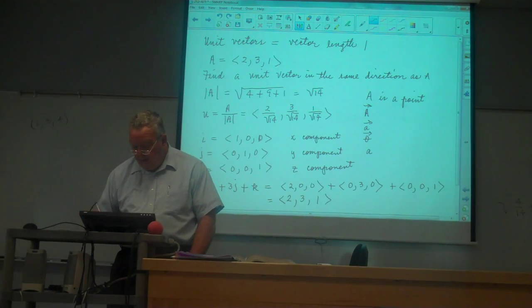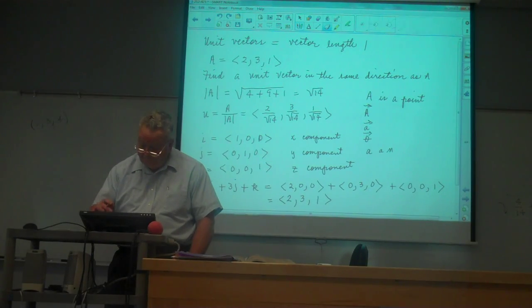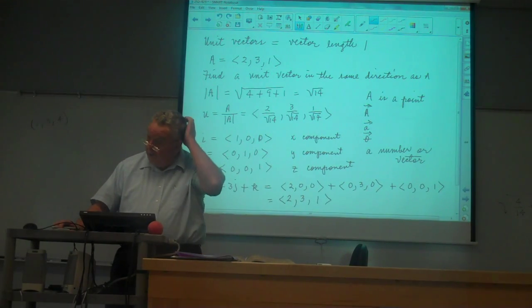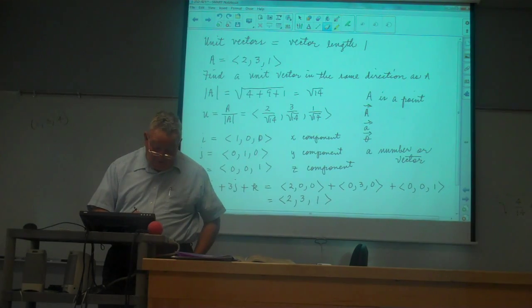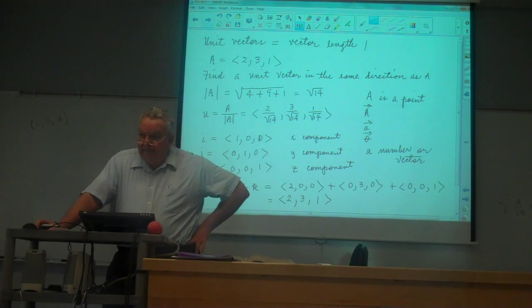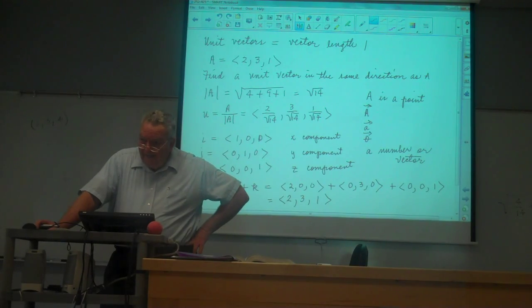And then smaller letters, those are either a number or a vector, depending on the context. So what you're going to see me do from now on is I'm going to try to call vectors lowercase with that over it. But you'll know anyhow, won't you? If there's any doubt or ambiguity, I'll put it. But look for a lowercase to mean a vector and uppercase to mean a point. Okay?